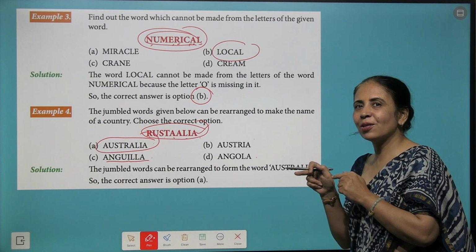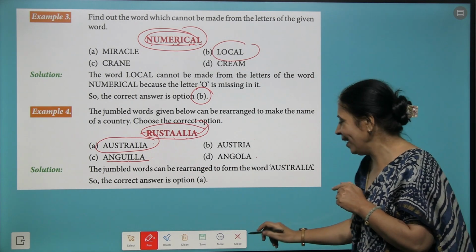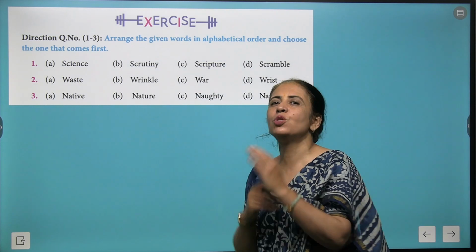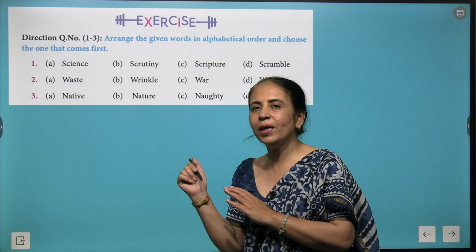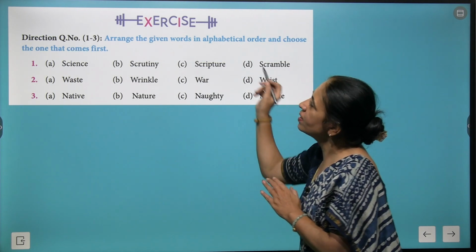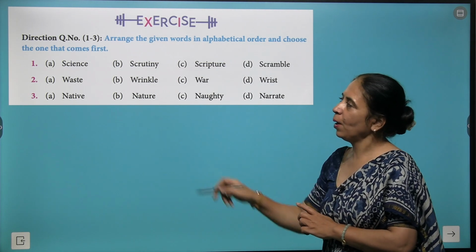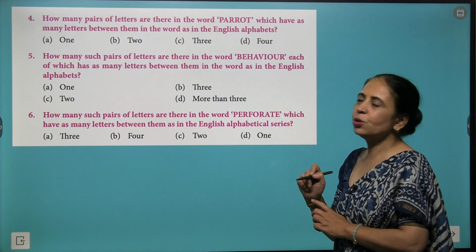So the right answer is A. Got it? Let's move ahead, and your time to just check how are you going to do these questions. First is arranging them in the dictionary form. I hope you understood it. Your turn to try it.